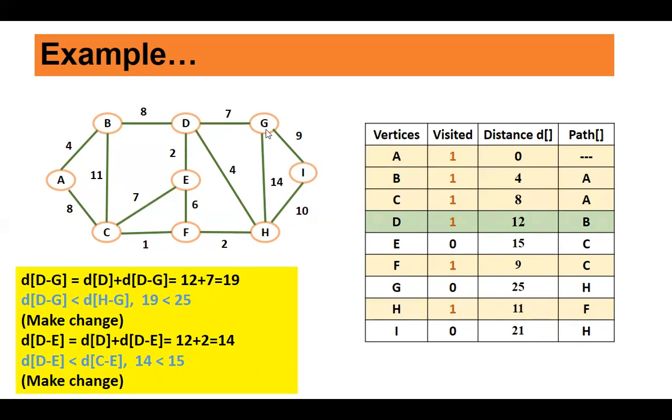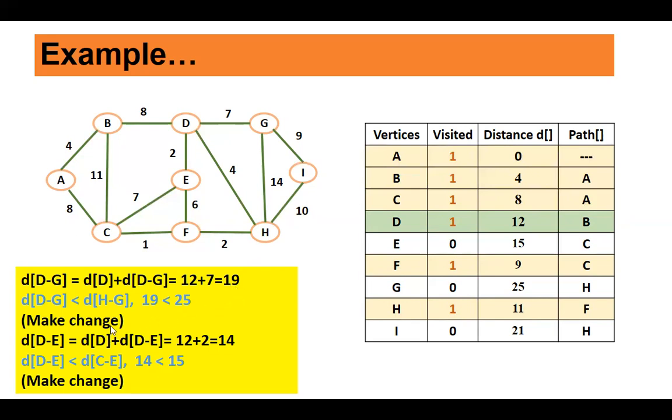So let us first check the path from D to G. How do you calculate? Distance of D is how much? 12, right? 12 plus distance from D to G, that is 7. 12 plus 7 is 19. What is the current distance of G? Current distance of G is 25, and the newly calculated distance is 19, which is less.